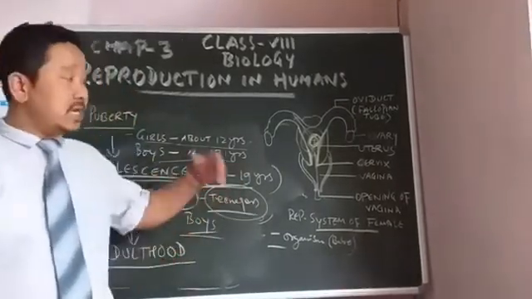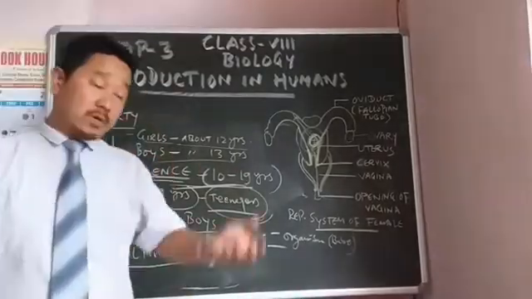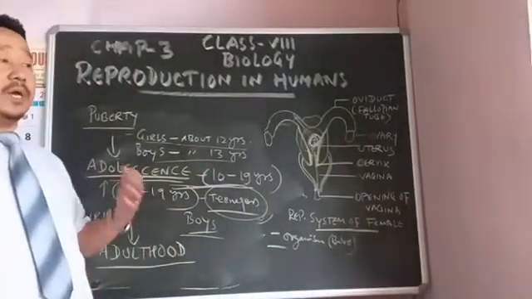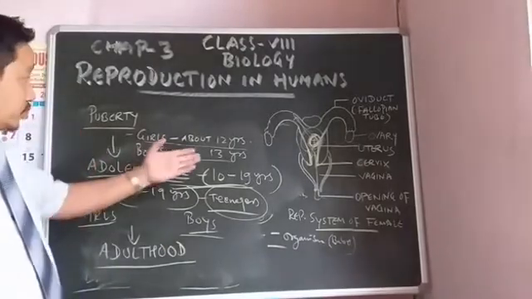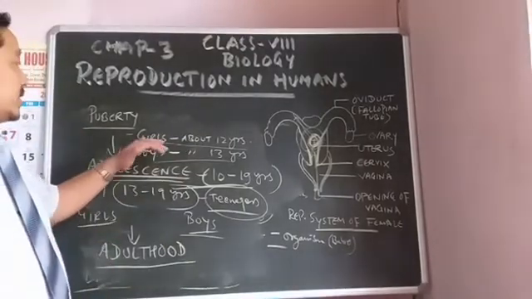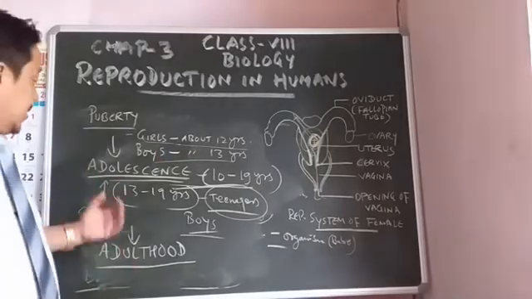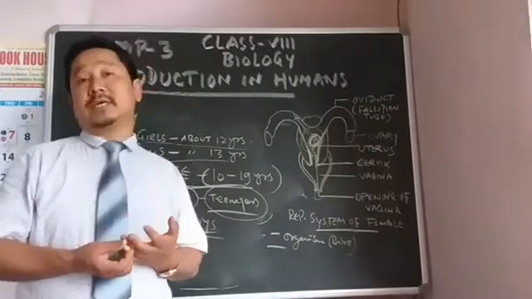After gestation, the baby comes out. That phenomenon of the coming out of the mother's womb is called birth. Then we are in the infancy, then puberty at the age of 12 years in girls and 13 years in boys. Then it's followed by adolescence, then finally adulthood. So this is how we conclude this chapter.